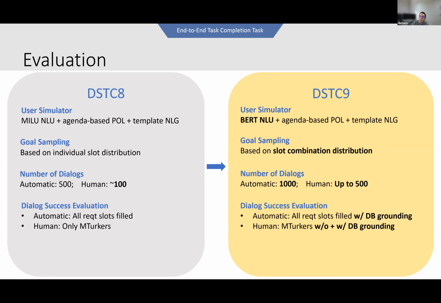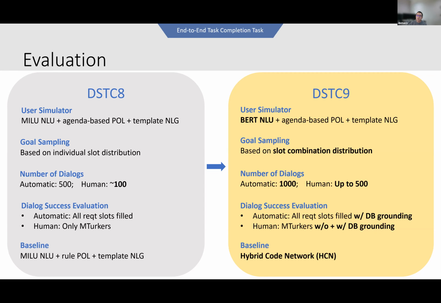After collecting the values of all the requested slots in the conversation, it creates a query to check whether there is any entry in the database. We call this success with DB grounding. It's the same for automatic evaluation and human evaluation. The only difference is that in human evaluation, we take the success rate without DB grounding plus success with DB grounding, and take the average of them as the final ranking.